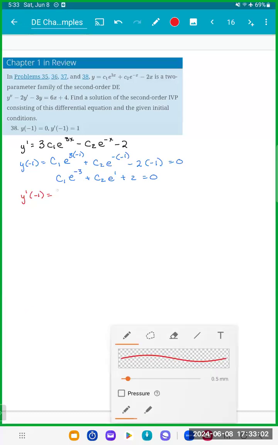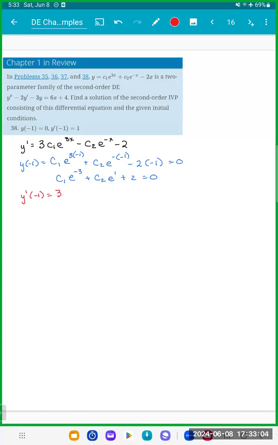That's going to give me 3 c1 e to the 3 times -1 minus c2 e to the negative, let's put it in proper parentheses, -1 minus 2, and that is equal to 1. So when we simplify that, we get 3c1 e to the -3 minus c2 e minus 2 equals 1.